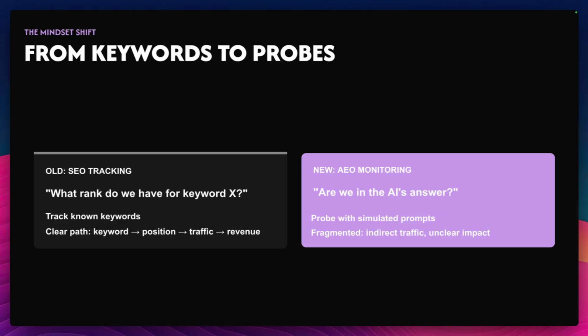So your reporting tool would tell you that those clients came through direct or navigational, but it won't tell you that those clients started their journey in LLMs.